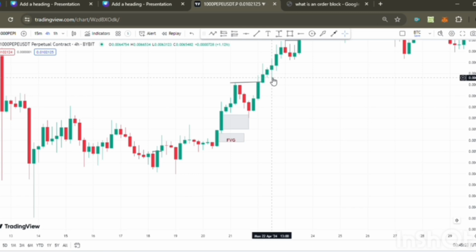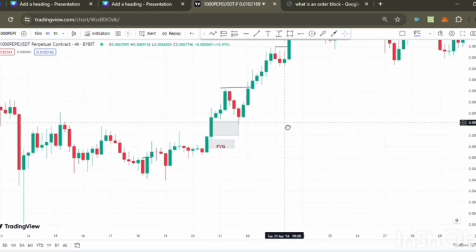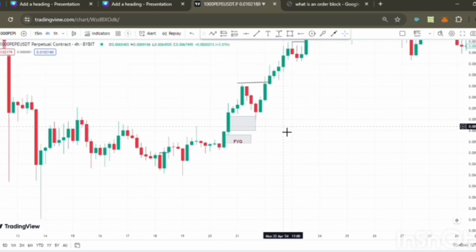That's what it keeps doing until it completely takes out all the market imbalances. So for a strong valid order block, it must meet the whole rules. Number one, I've mentioned it: it must completely sweep the liquidity of the previous candle.